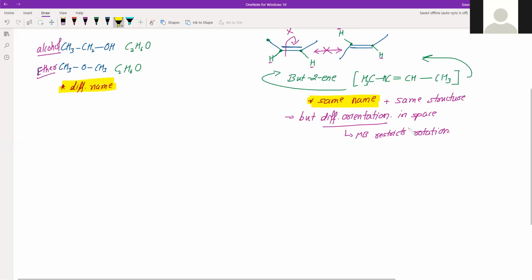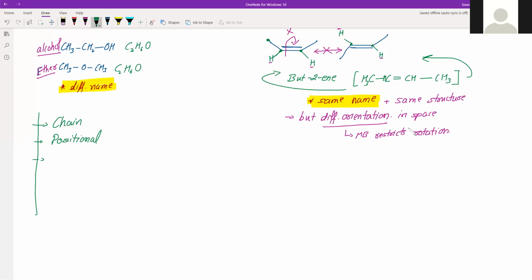The first category itself can be divided into multiple subcategories, which we'll discuss in detail. The first one is chain isomers, then positional isomers or positional isomerism, then we have functional isomers.